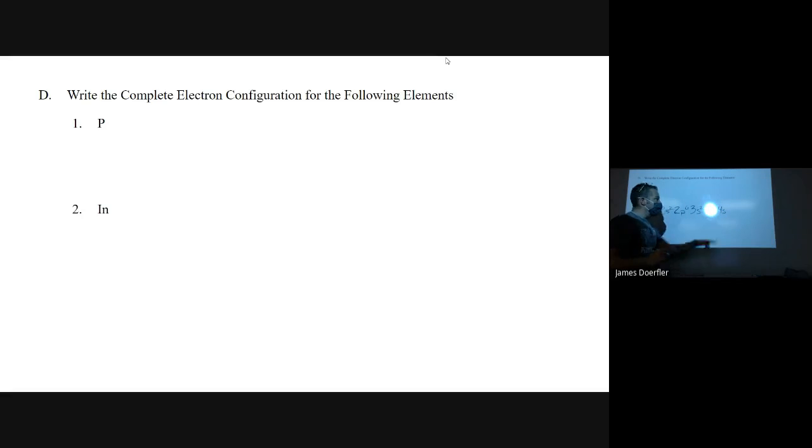4S. What number is going to go up here? 2. Very good. But now, I'm entering a new block. Entering the D block. So, what principal quantum number am I going to write here? Well, it's going to be n minus 1 because I'm in the 4th row right now, but D value is going to be n minus 1, so it's 3.